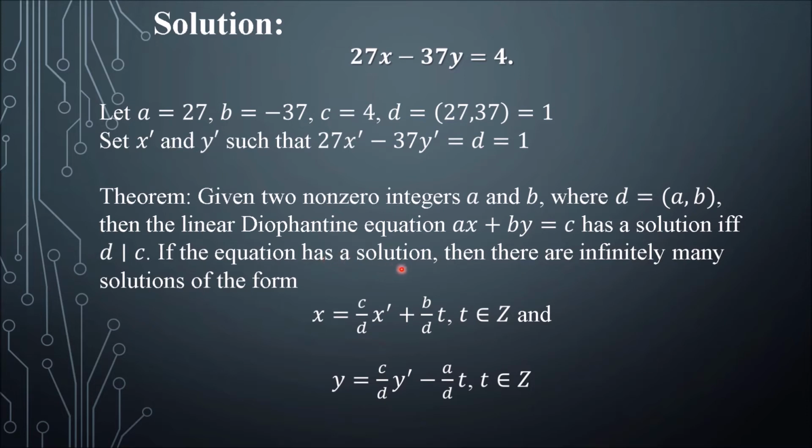If the equation has a solution, then there are infinitely many solutions of the form x is equal to c over d x prime plus b over d t, where t is an element of the set of integers, and y is equal to c over d y prime minus a over d t, where t is an element of the set of integers.